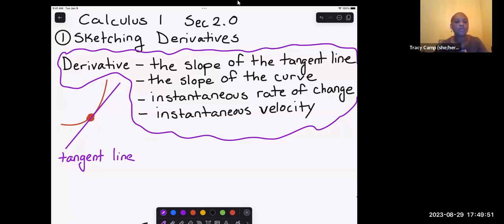But you can also do a bunch of other stuff with it. If you have the derivative of a function, you can get really important information about the function, like where the function has maximum points and minimum points, where the function's increasing, where the function's decreasing.